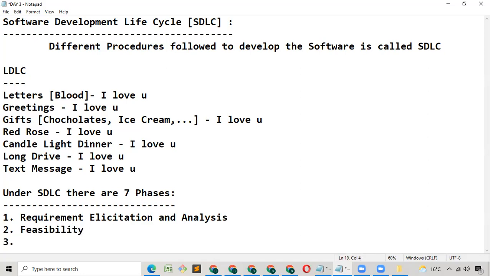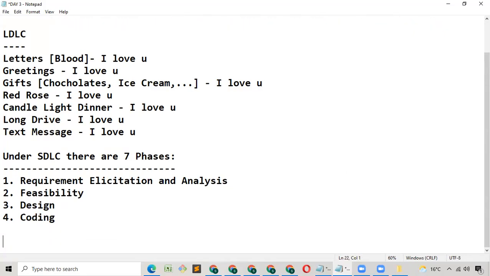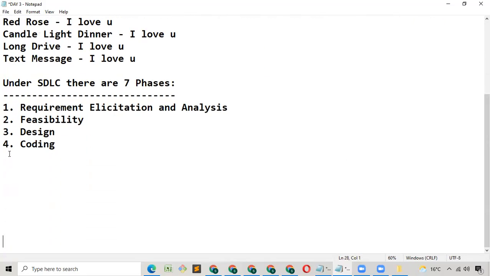Next one I can just tell as design phase. Next one, coding part. After coding, you only observe, it should be testing. Next, sixth one, I can just tell as installation.